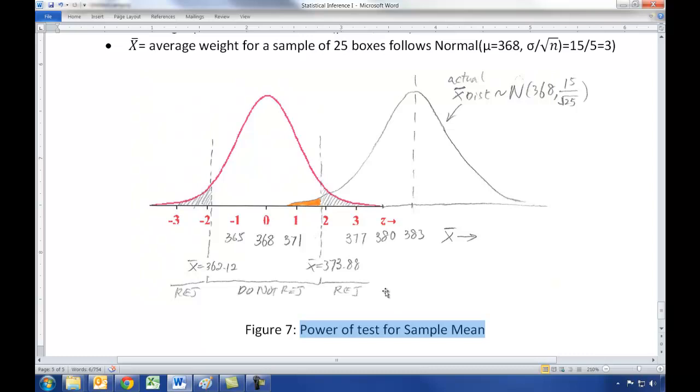And going back to the quality control situation, that means we have much more power to accurately monitor the drifting of the production process and to shut it down in a more timely fashion.